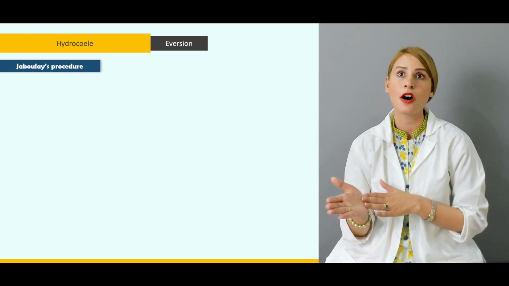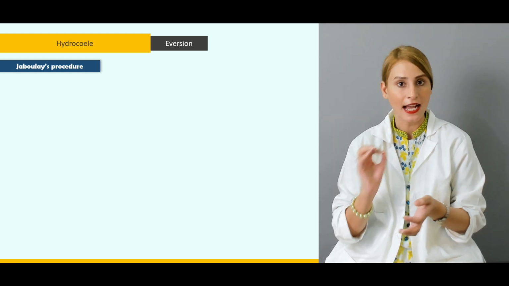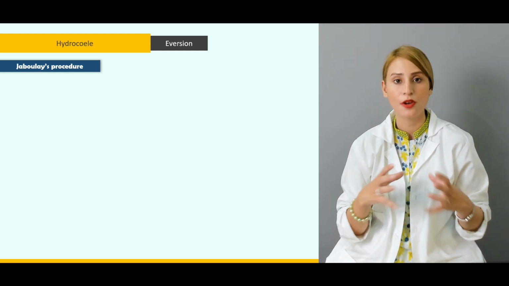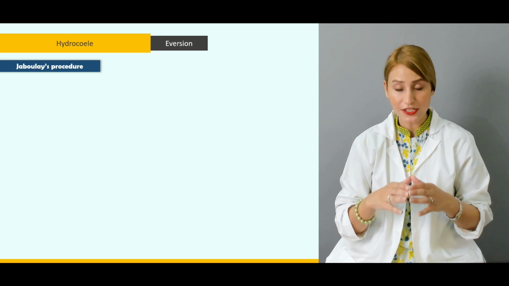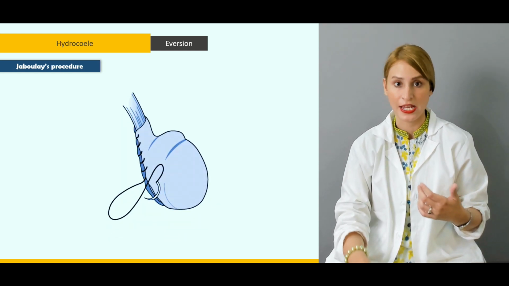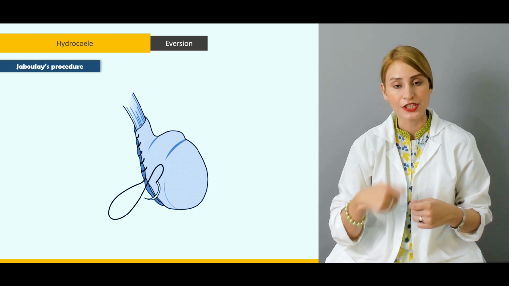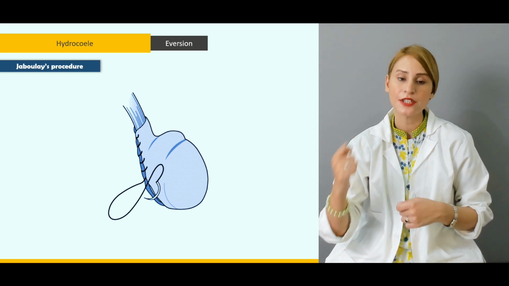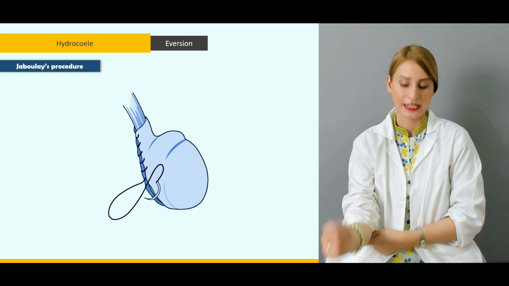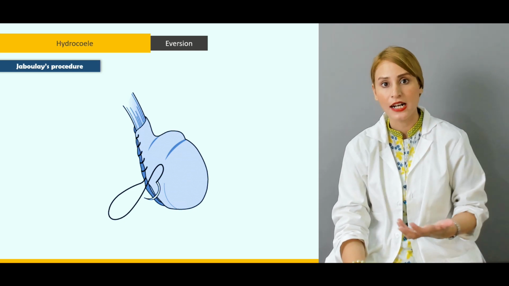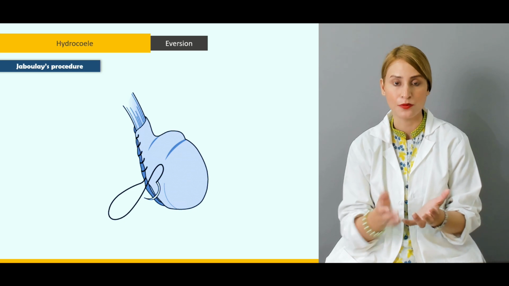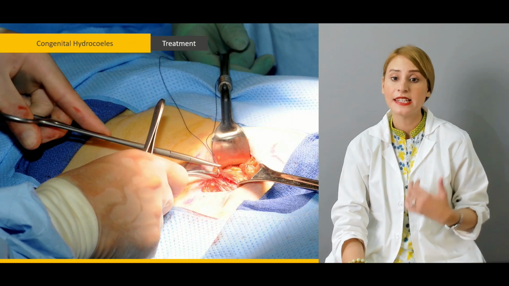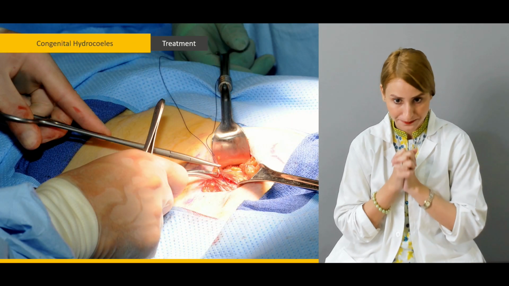If it's a small hydrocele, you can just aspirate it, and if you think it's a patent processus vaginalis, then you have to go for the eversion or Jaboulay's procedure. In Jaboulay's procedure, you do the marsupialization, and you take the stitch from the internal edges and continue ligating it in a continuous fashion, and you evert the sac, so that the communication is separated from the abdominal cavity. Or the other thing is you can go for the excision as well.